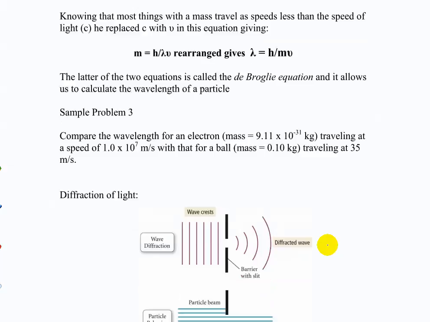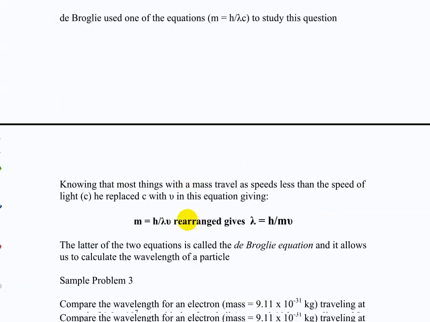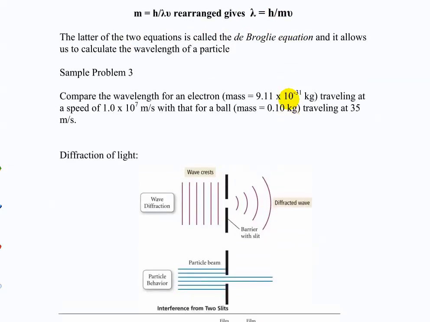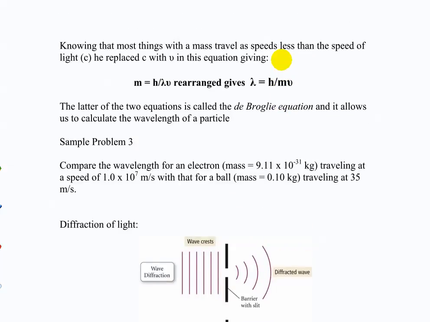You can rearrange the equations to say that a particle of a given mass can have a particular wavelength, or mass and velocity can have a particular wavelength. Note that this is v now, not nu.